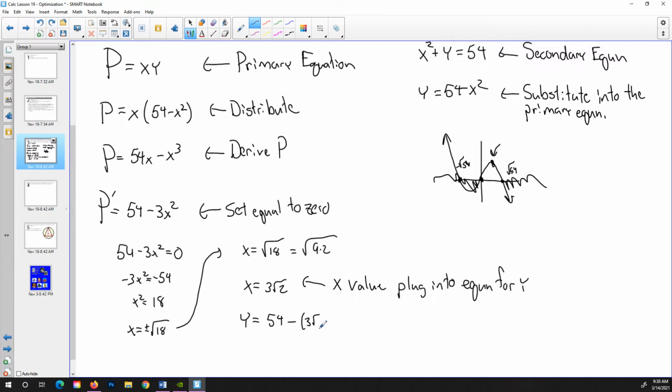Now we already know what 3 square root of 2 squared is. It's 18. And so y equals 54 minus 18, which is 36. So our final answer, 3 square root of 2 and 36 maximize the product.